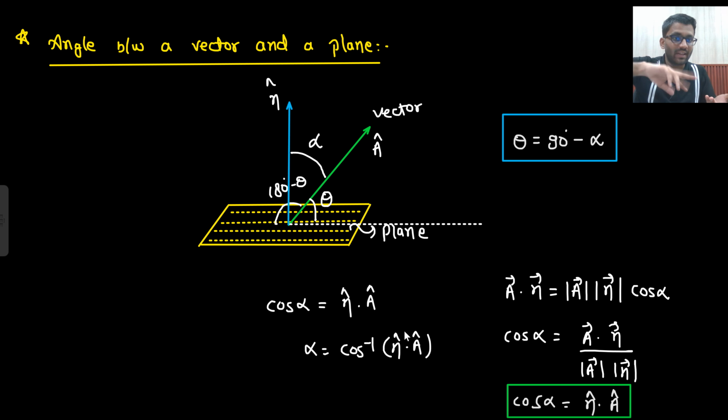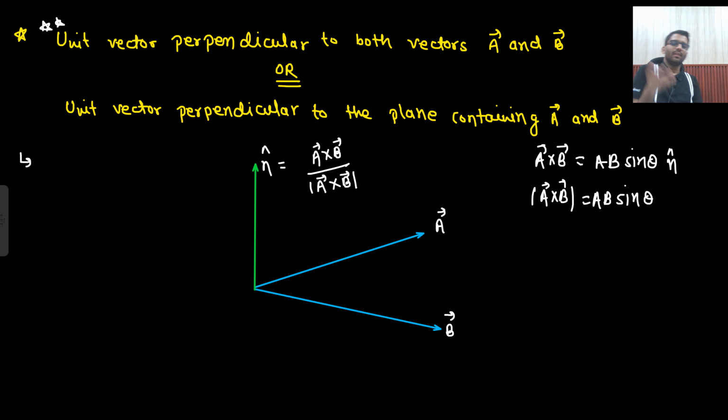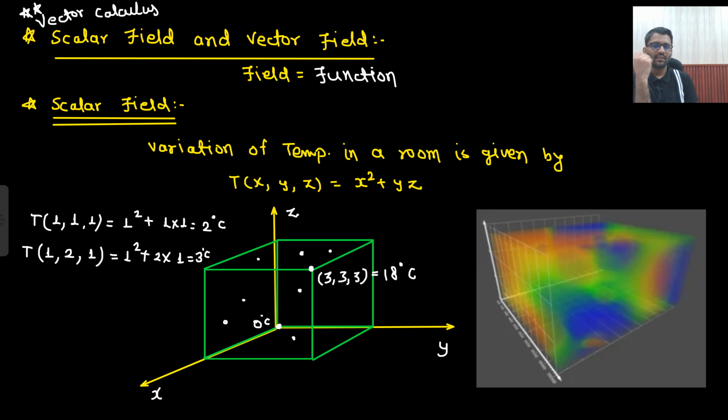The angle between the plane and the vector is 90 minus alpha. So don't forget to do this. Once you find alpha, after that you need to do theta equals 90 minus alpha. Okay, very easy. Then if you need to find a unit vector which is perpendicular to both of the vectors, that is vector A and vector B, then you just need to do the cross product, and take the magnitude of that.